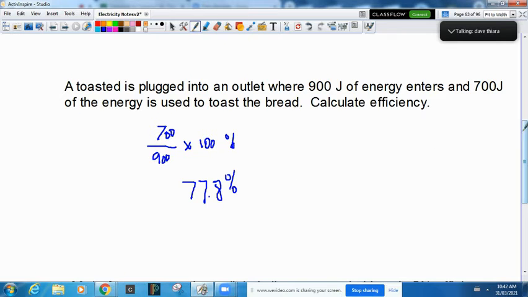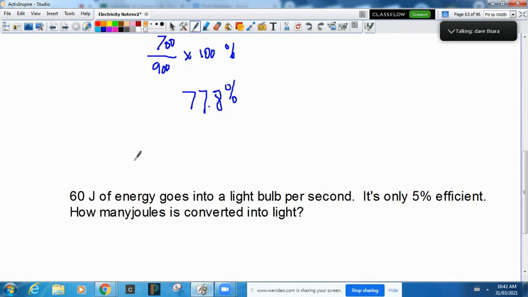Okay, I think I have one more here. 60 joules of energy goes into a light bulb every second. It's only 5% efficient. How many joules is converted into light? So really, what's 5% of 60? 0.05 times 60 means that only 3 joules of energy that goes into an old incandescent light bulb actually gets changed into light.